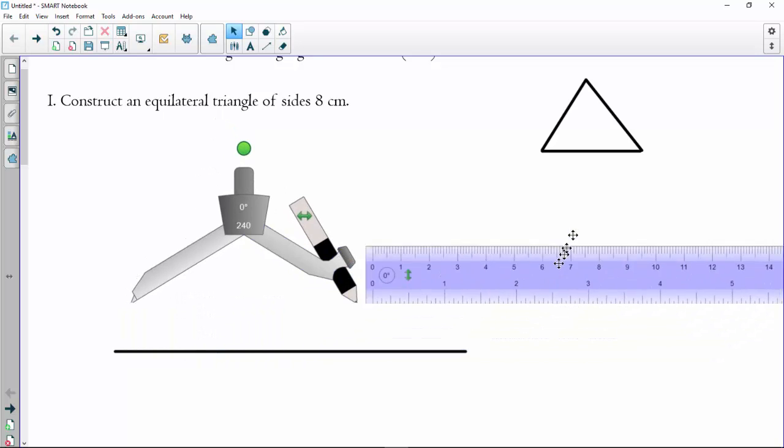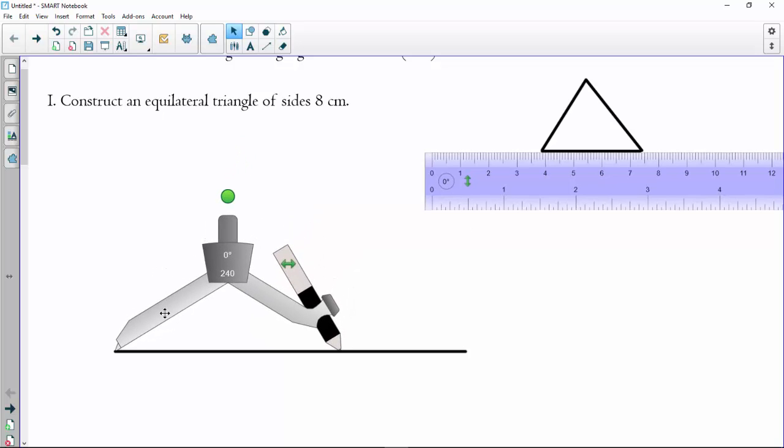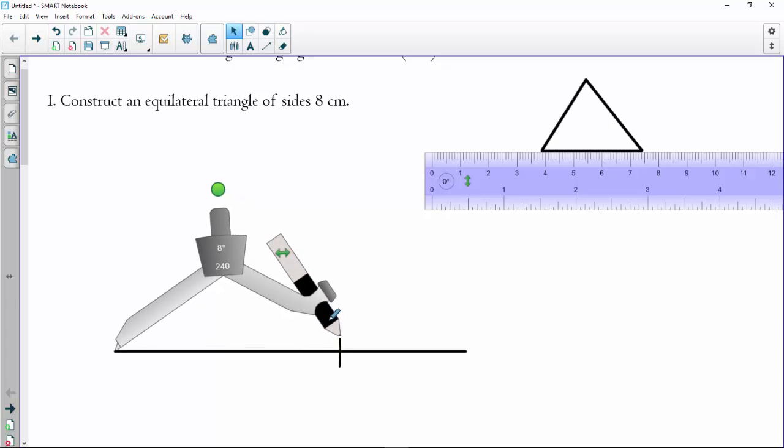Wonderful. So I position my compass at the start of the line and I draw my baseline 8 centimeters long.